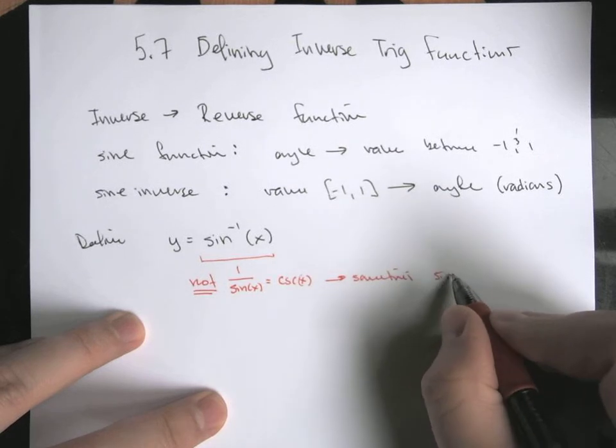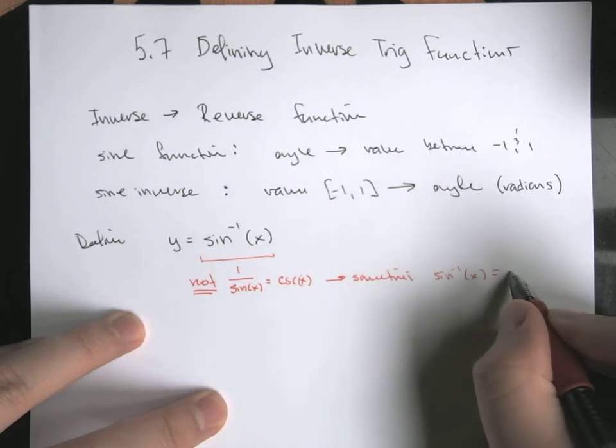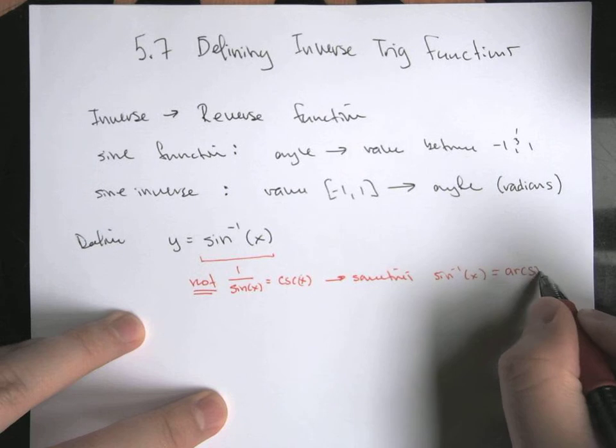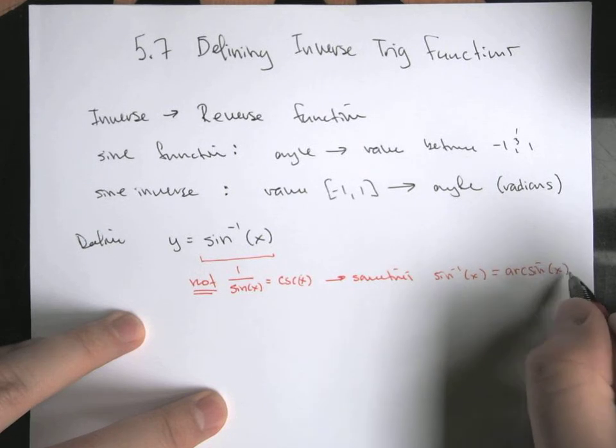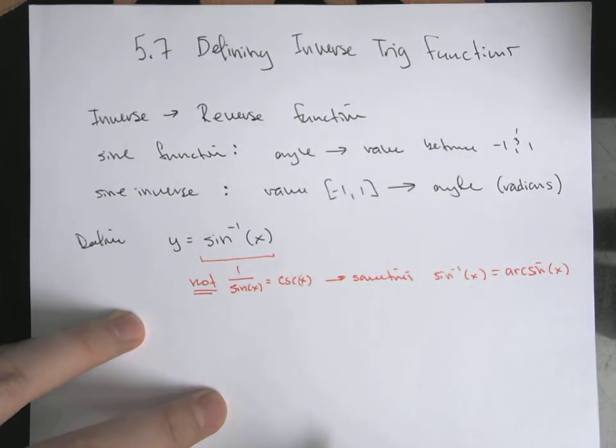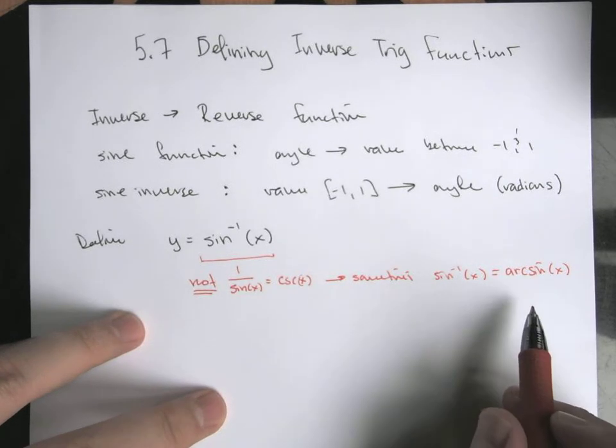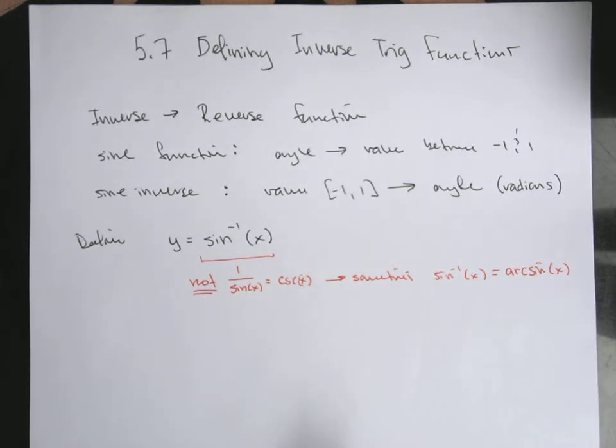Sometimes you'll see sine inverse of x written as arc sine of x. But in this section, we're just using this inverse notation. The arc sine is to try to avoid this confusion between what's an inverse and what's a reciprocal, which for these trig values is legitimately a problem.